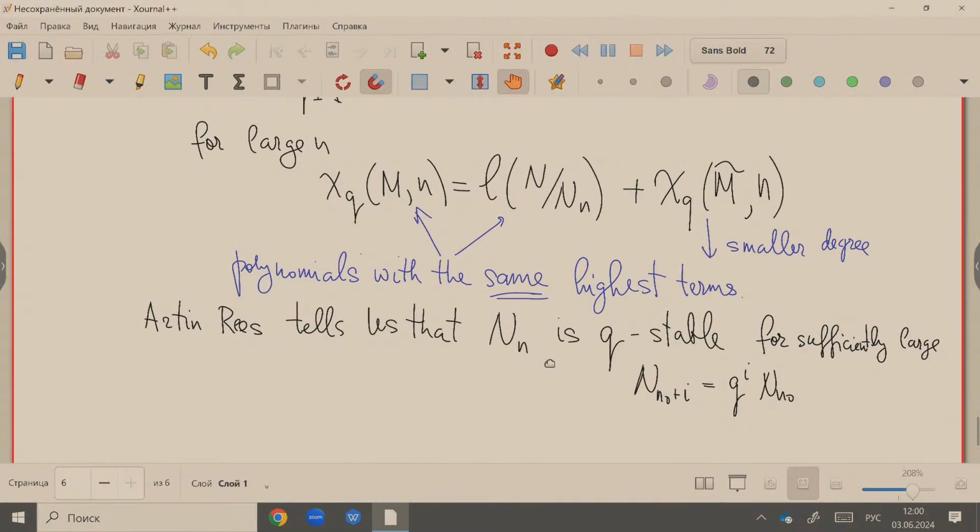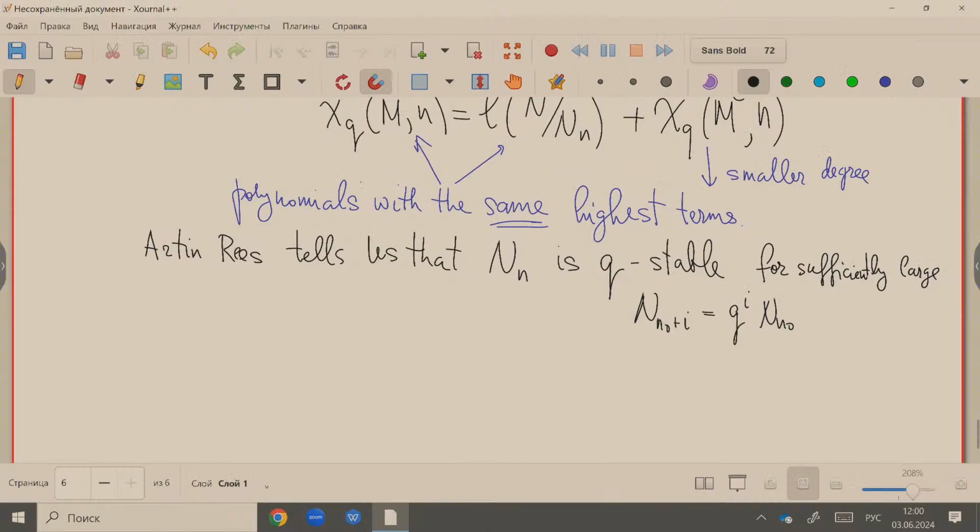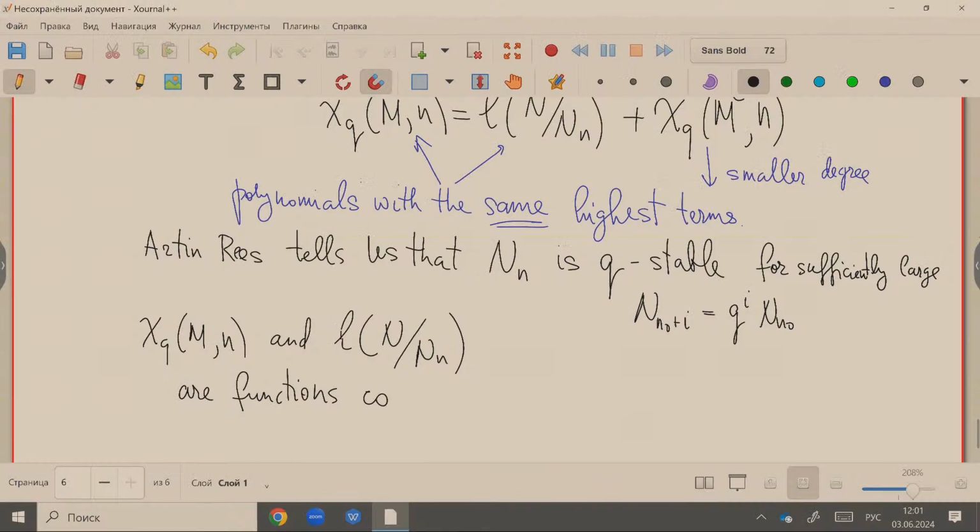And also notice that the functions S_{Q,M,n} and L_{m,n} are functions constructed on isomorphic modules, with different filtrations.